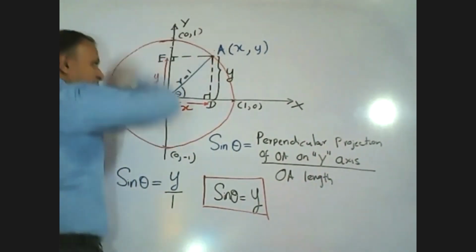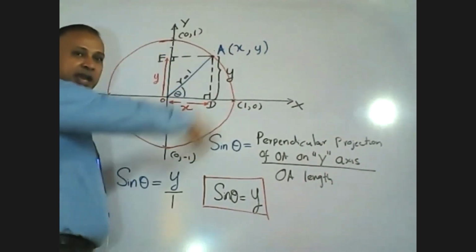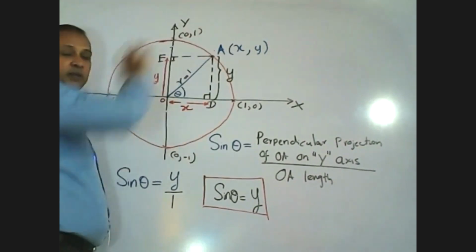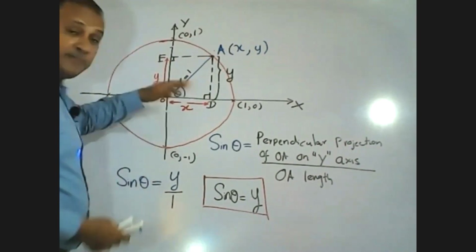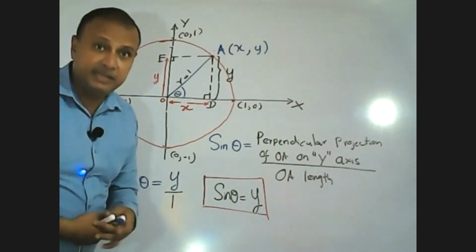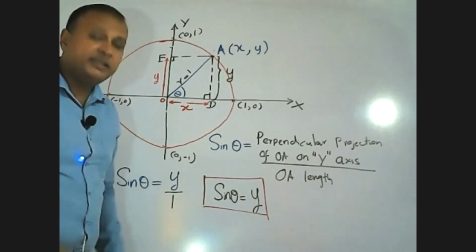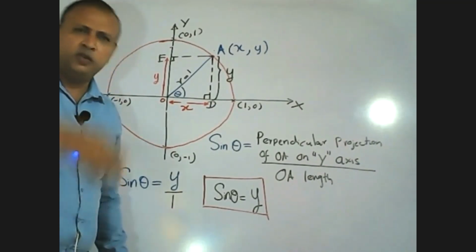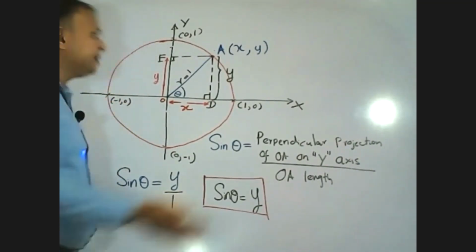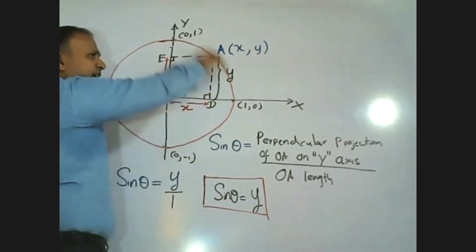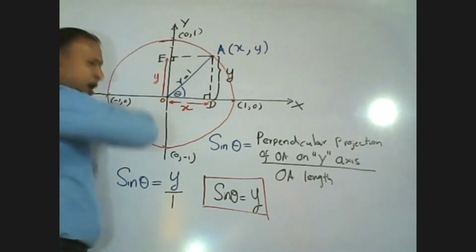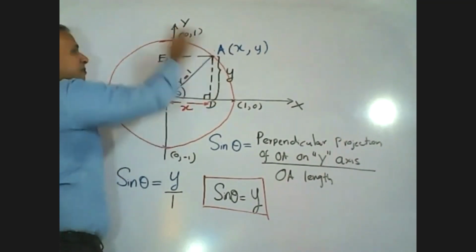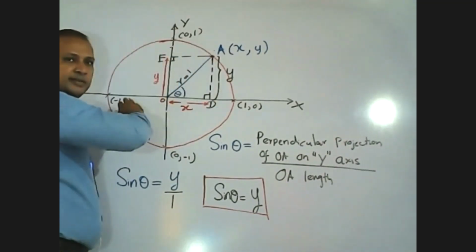So if you rotate this circle by any angle, and you want to find the sine value of 540 or 620, any angle, then you have to rotate this OA line segment by 620 degrees.